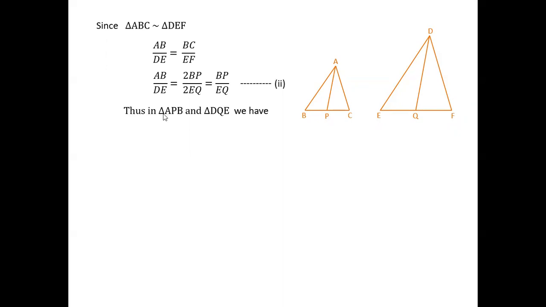Now, in triangles APB and DQE, we have AB upon DE is equal to BP upon EQ. And angle B is equal to angle E because in similar triangles the corresponding angles are equal. So two sides are proportional and the included angle is equal.